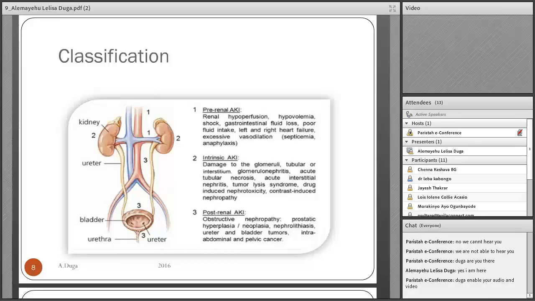The second one is intrinsic acute kidney injury, damage to kidney and tubules. And the third one is post-renal acute kidney injury, which is obstructive nephropathy. It can be prostatic hyperplasia or neoplasia. Okay, so these are the major three subclasses of acute kidney injury causes.